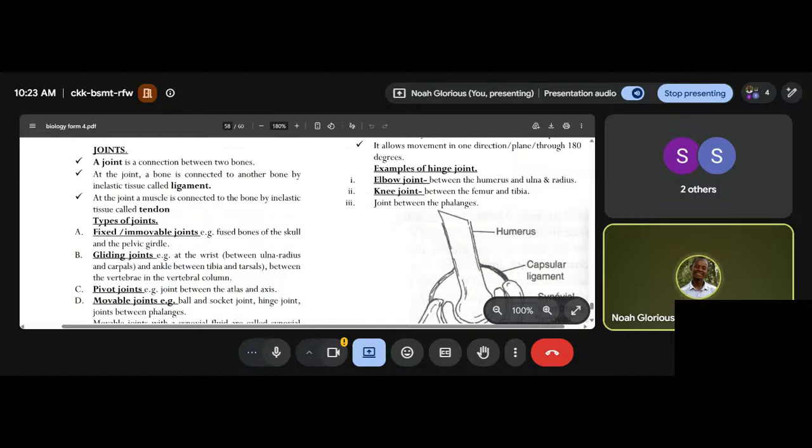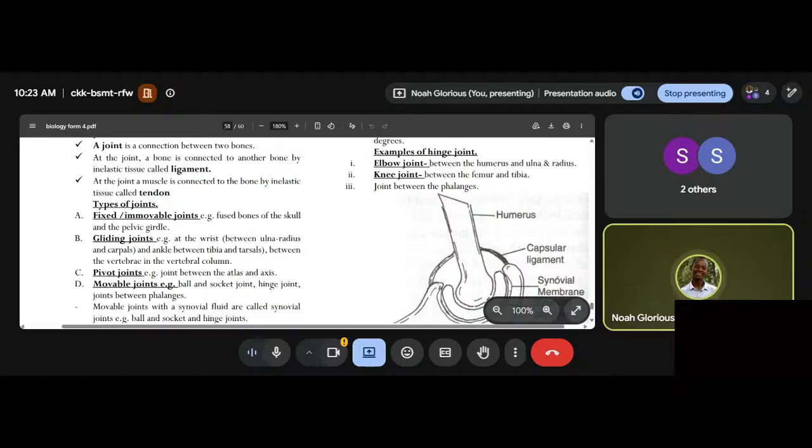Is that correct? Movement up to 180 degrees is found between the humerus, ulna and radius, between the femur and tibia, and also at the phalanges. Phalanges are the toes and also the fingers of the hand, all of them are phalanges.